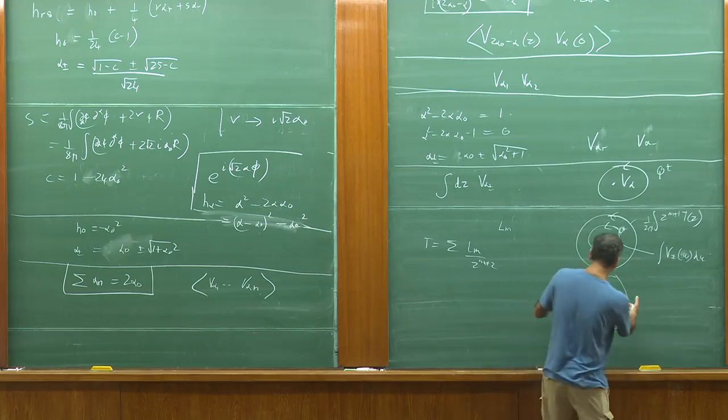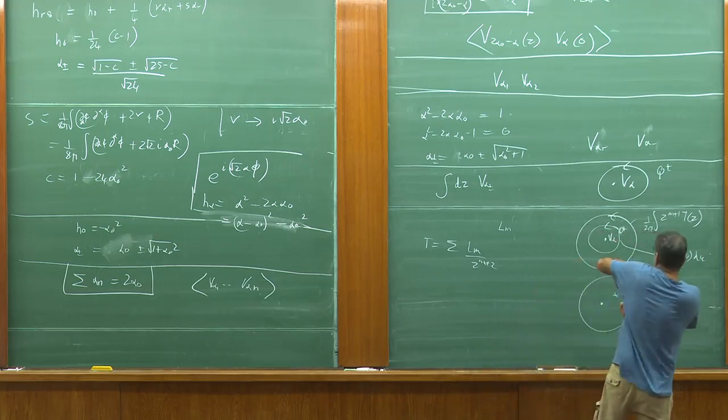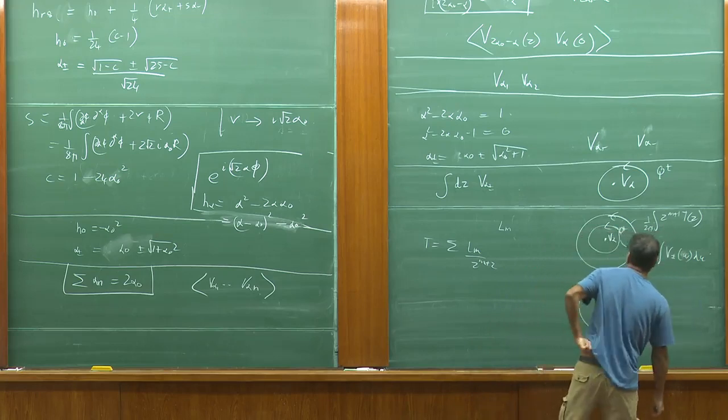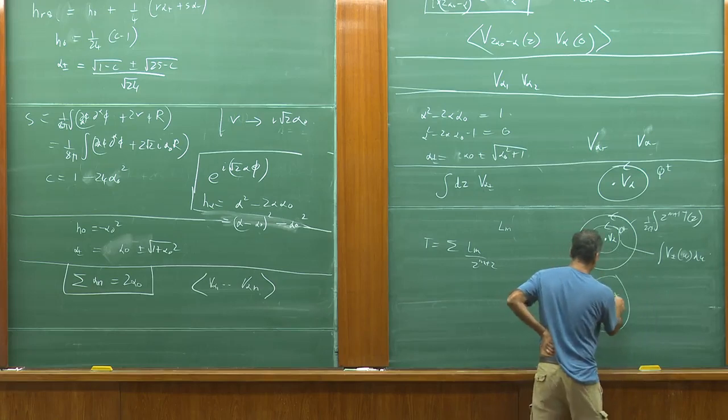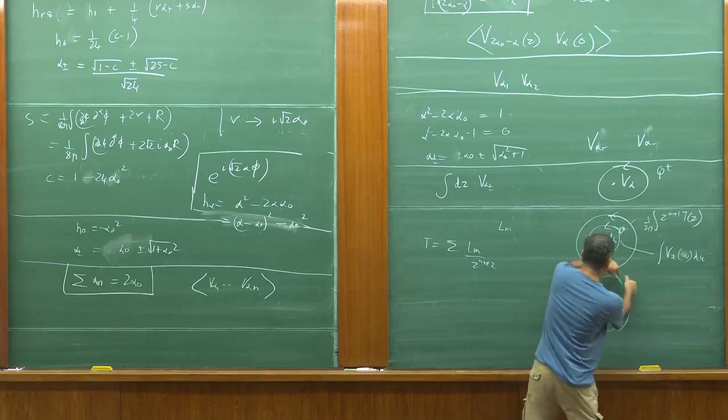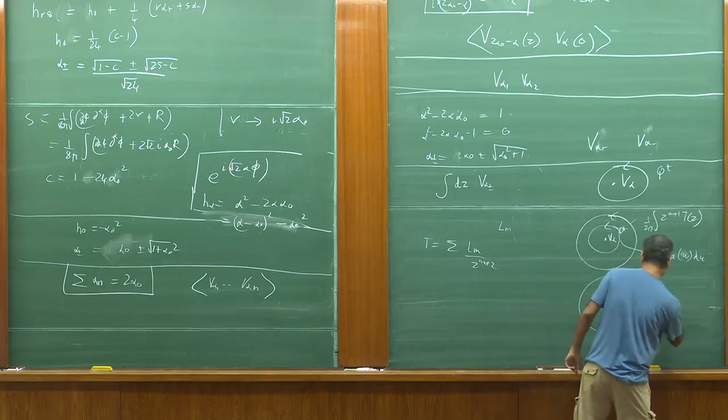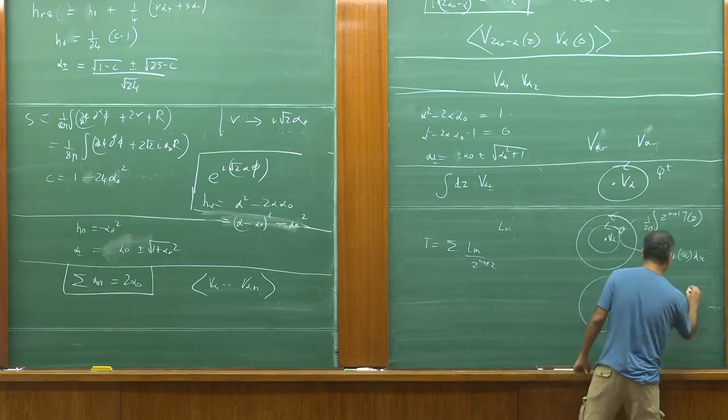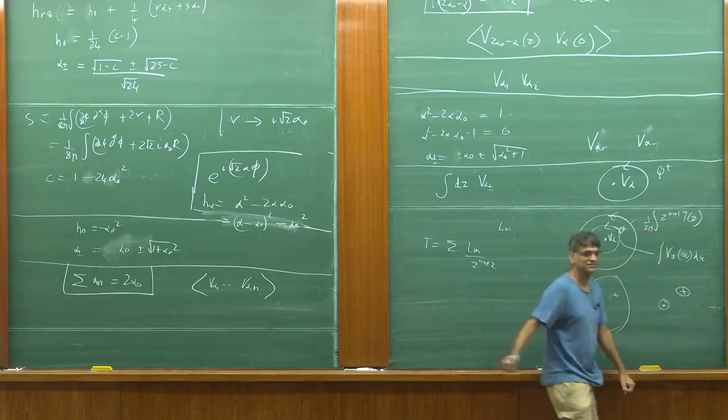Okay? So what we do is deform this contour into a contour that circles this point plus a contour that circles this cross.